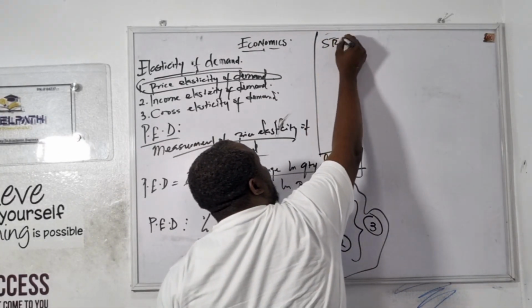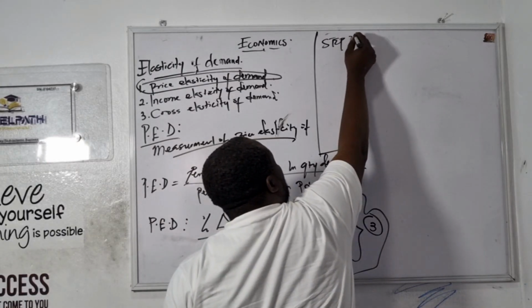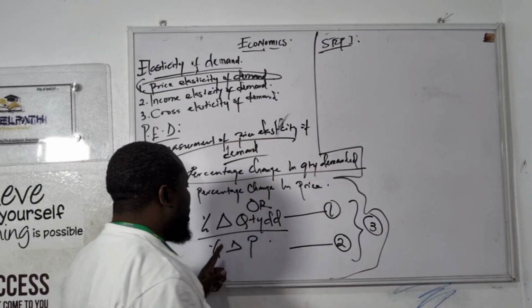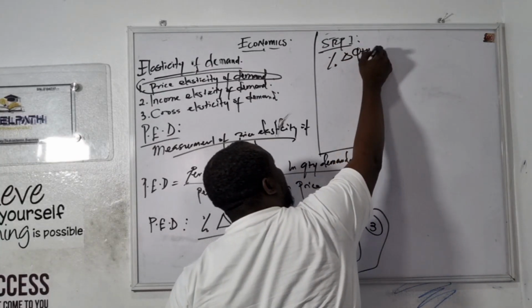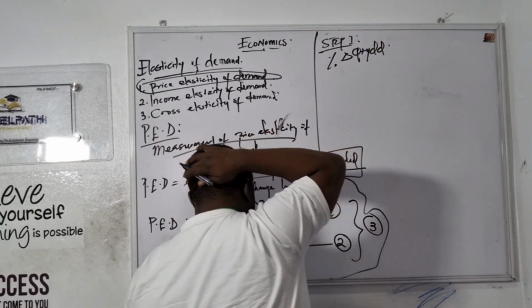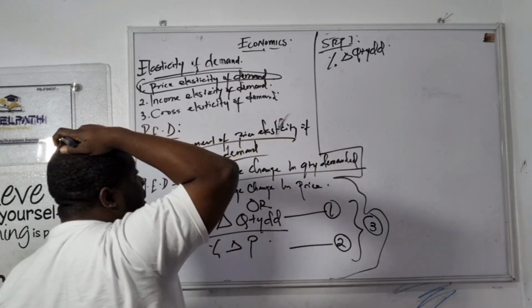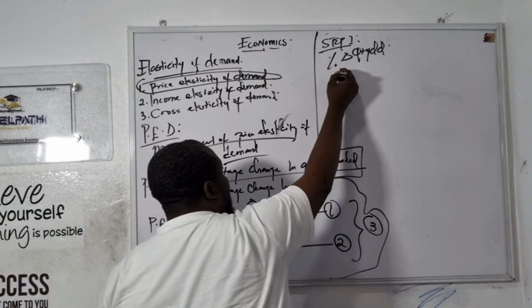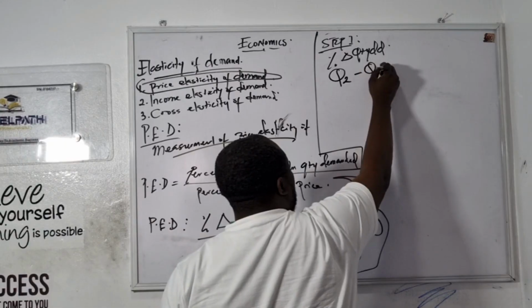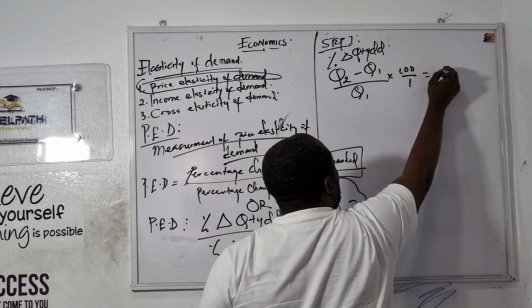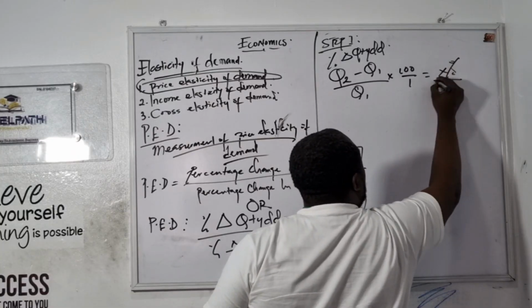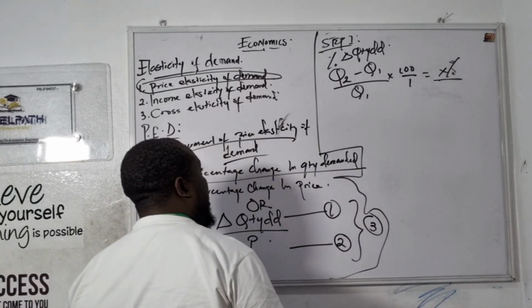Step 1 is to calculate what? Percentage change in quantity demanded. How do we get it? It's Q2 minus Q1 over Q1 times 100 over 1. Your answer will end in percent.